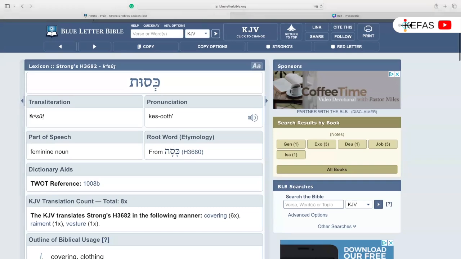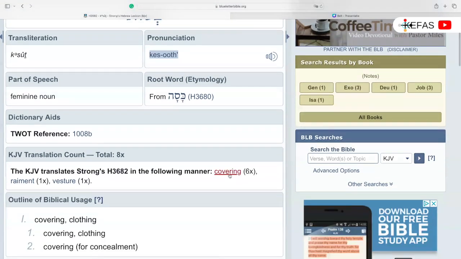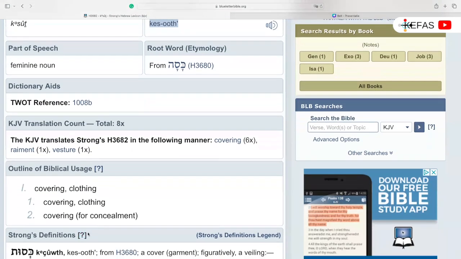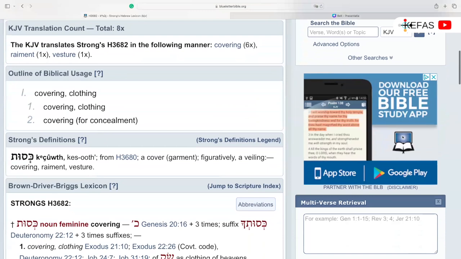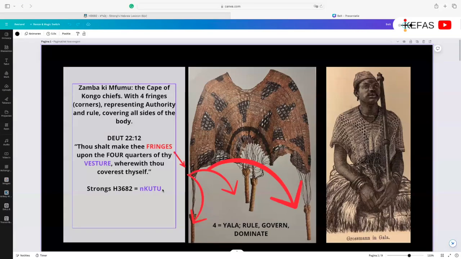The vesture here, what they pronounce in Yiddish, kesut, covering, vesture, clothing, concealment, etc. Kekut, the C is also pronounced as K. So Kekut or Kesut is the Kikongo Nkutu.